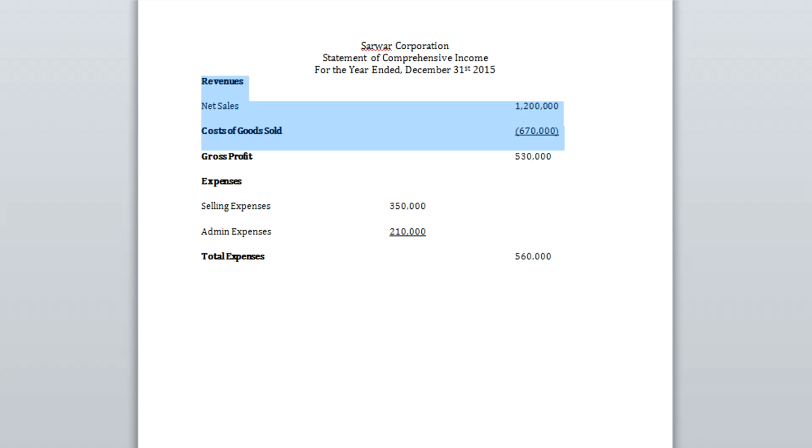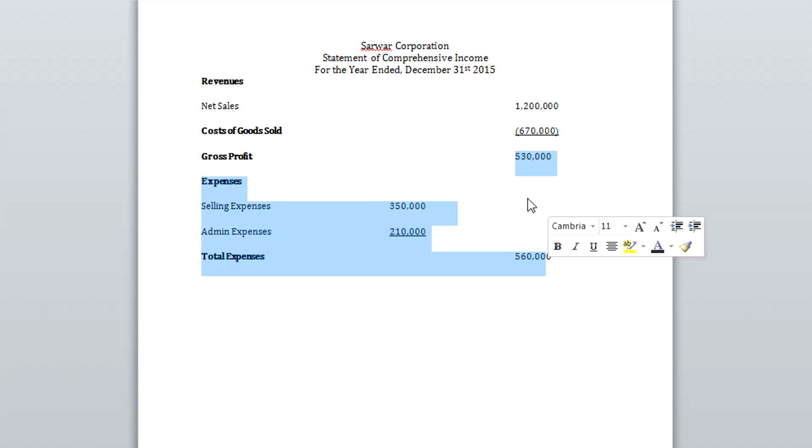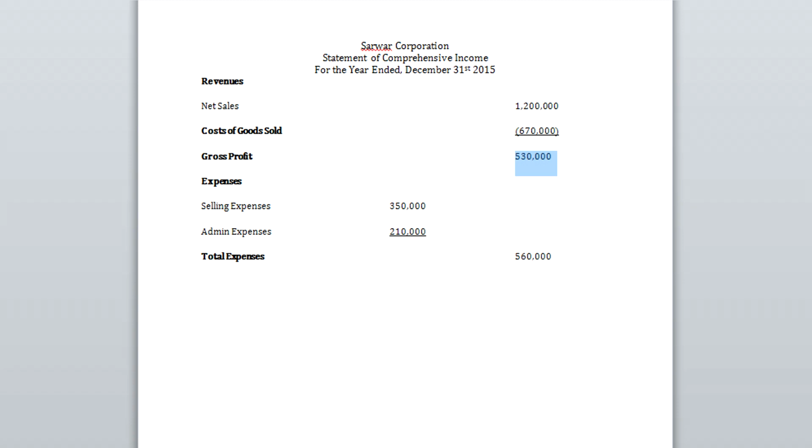So now we have our operating revenues, our cost of goods sold, gross profit, and we have our operating expenses. So since we have our operating revenues and operating expenses, naturally we want to solve for our income or loss from operating activities. Clearly, we're going to have a loss because our gross profit is less than our total expenses.